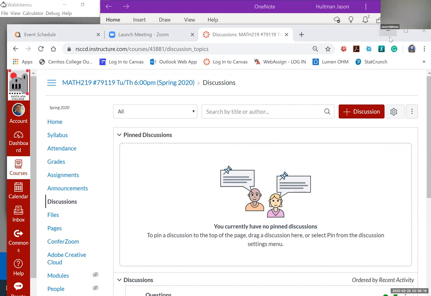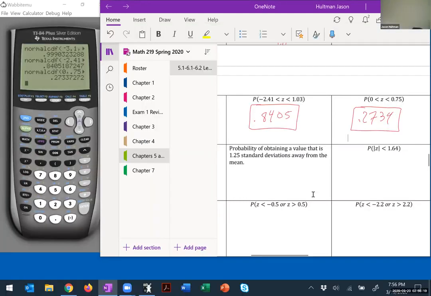Okay, let's go back. Probability of obtaining a value that is 1.25 standard deviations away from the mean. 1.25, what does that mean? It means the probability is between negative 1.25 and 1.25 for z.